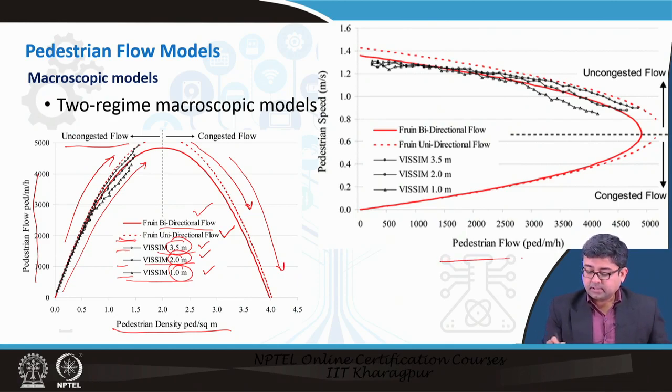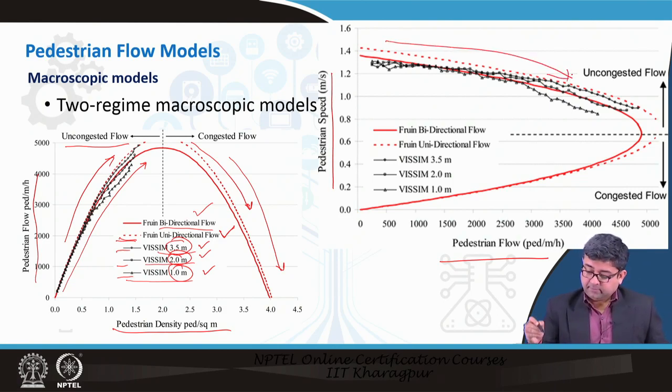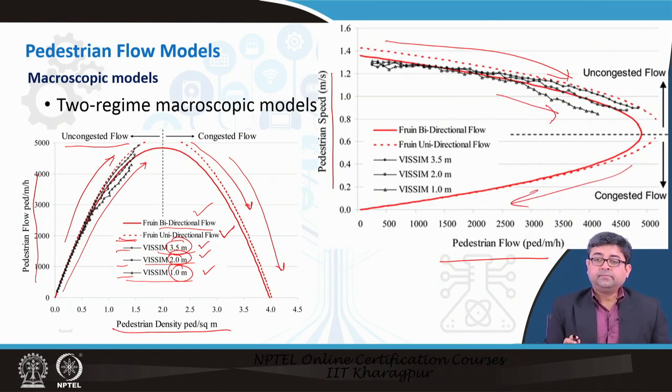Similarly, this is an example of pedestrian flow and pedestrian speed. Again, they have been able to model the uncongested flow pretty well, whereas when it comes to the simulation tools as well as the unidirectional flow, it becomes very difficult to model the congested flow. Okay.